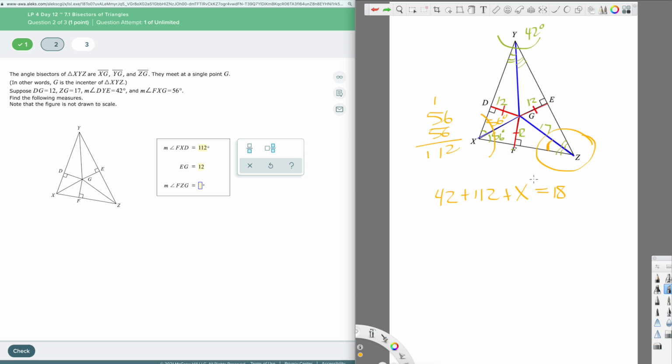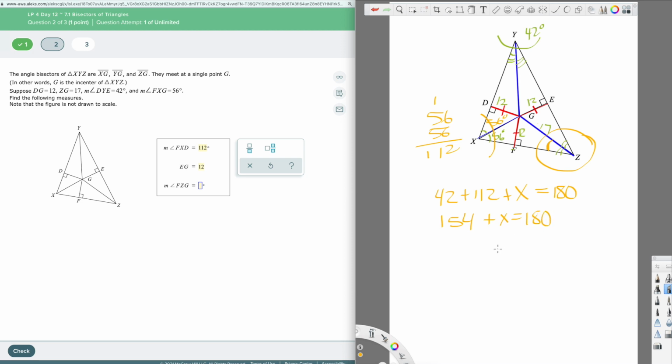It's about paying attention to what we already know about the triangles. Even though it's kind of complicated looking inside of here, we can still use that basic idea that the angles of a triangle add up to 180. So 42 plus 112 is 154, and 154 plus x equals 180.